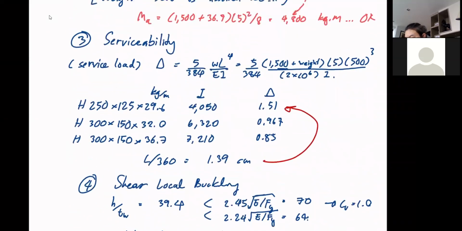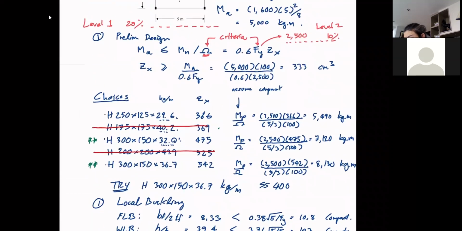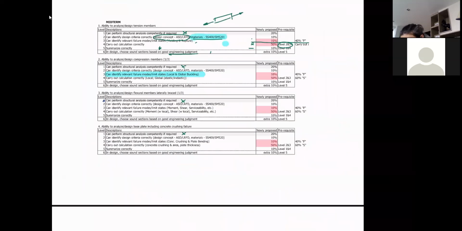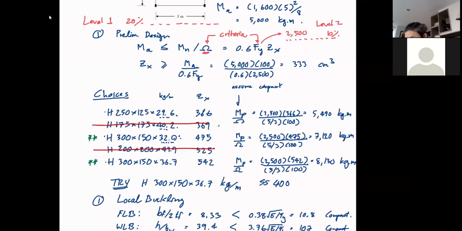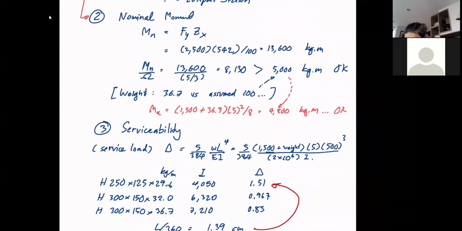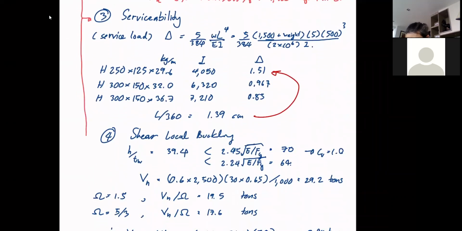So now you see, if you focus on level 3, go back to the outcome rubric, and I say identify the relevant failure mode here. The relevant failure modes would be 1, 2, 3, and then 4.